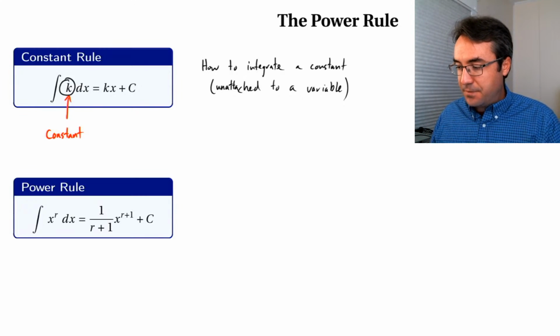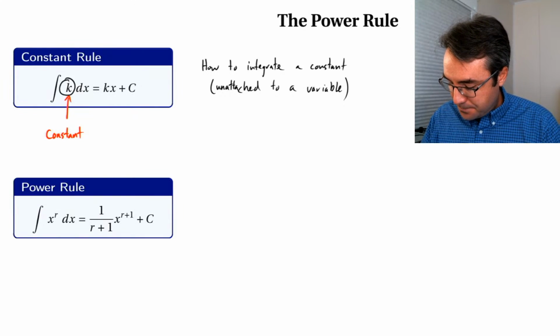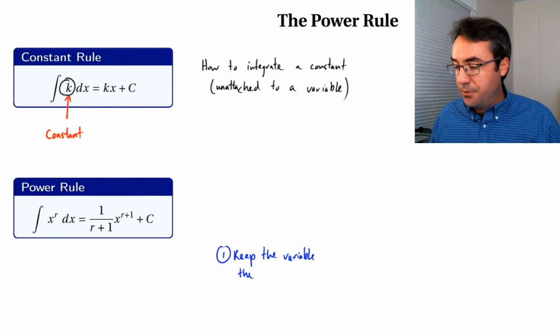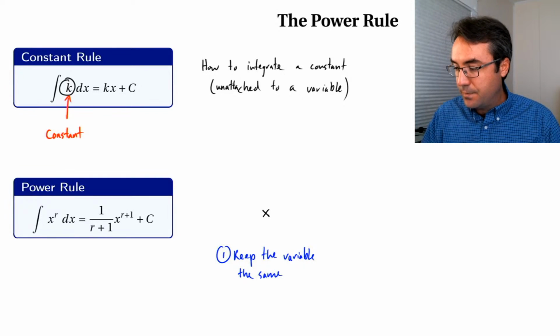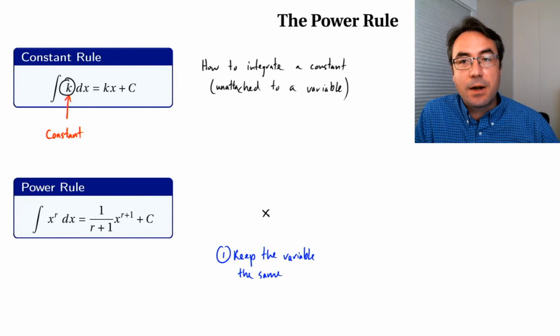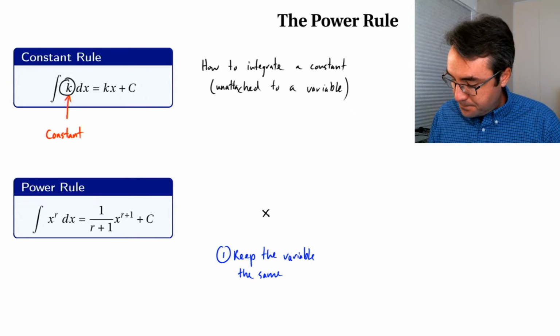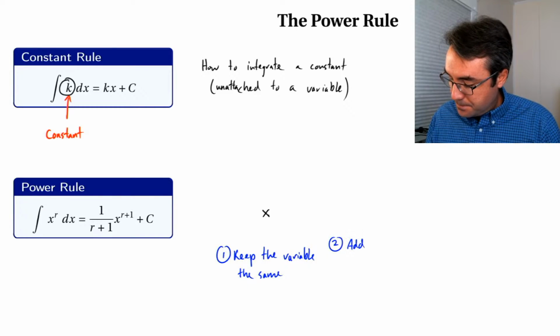So let's see how this power rule works. Our first step is to keep the variable the same. You could just remember the formula, but I find it easier to think of it as a process, a thing you do. So for integrating x to the power r, we keep the variable the same, x. Then step 2 is to add 1 to the old exponent.